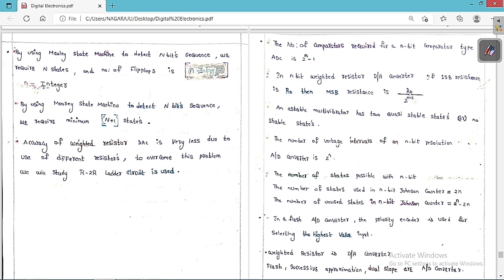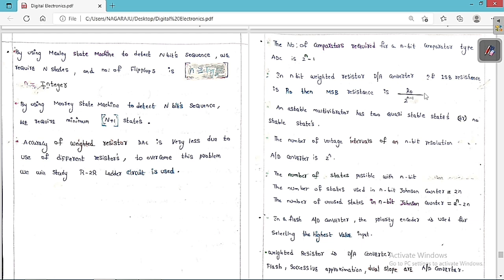This is the formula that you always have to keep in mind. In an n-bit weighted resistor DAC, the accuracy is always lower than the accuracy of the R-2R ladder circuit. Therefore, if the LSB has a resistance of R0, then the MSB resistance is the LSB resistance divided by 2 to the power of n minus 1.